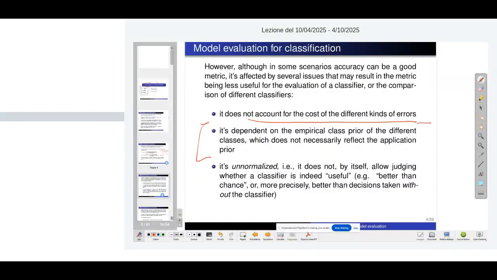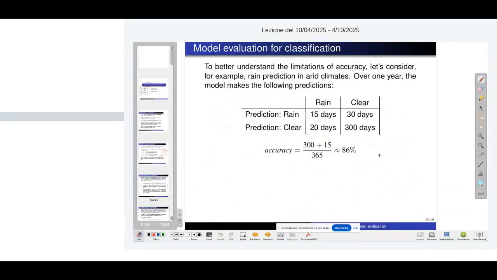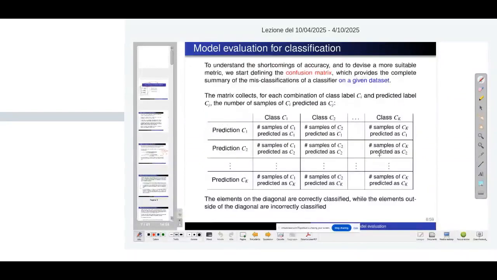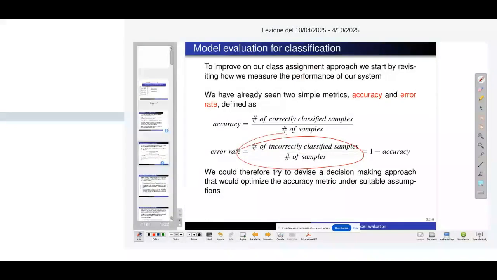Then the error rate depends on the empirical class prior of the evaluation set. We'll see an example, just to see what it means. Imagine that I have 1,000 healthy patients in my data set and 10 ill patients.